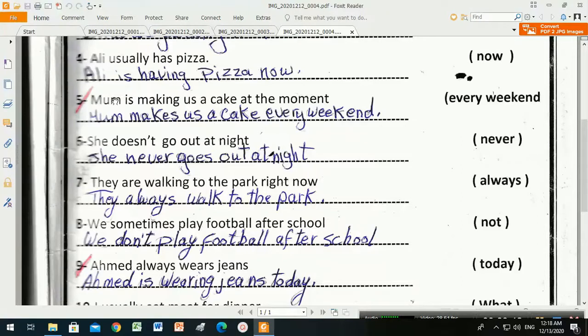Yes, present continuous, and we want to change it into every weekend, which is a keyword for the present simple, so we will remove is plus ing and the moment. Mom make. Okay, here we must add s to the verb because mom is she and she takes s. Okay, mom makes us a cake every weekend.